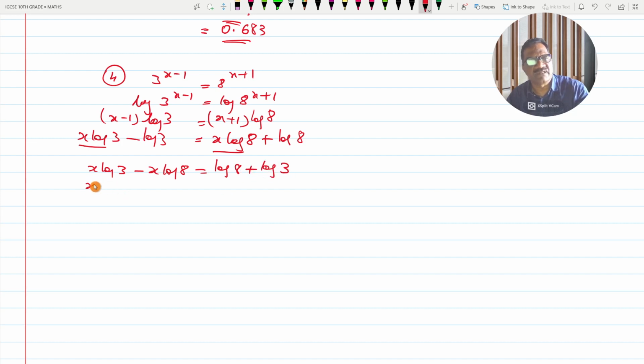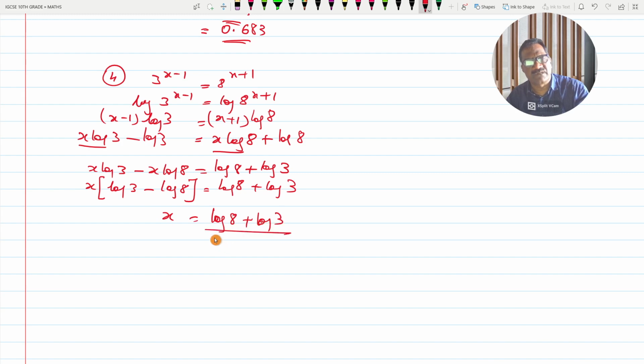Now from here, if you take x common out in the bracket, you will have log of 3 minus log of 8 equal to log of 8 plus log of 3. So your x should be equal to log of 8 plus log of 3 upon log of 3 minus log of 8.